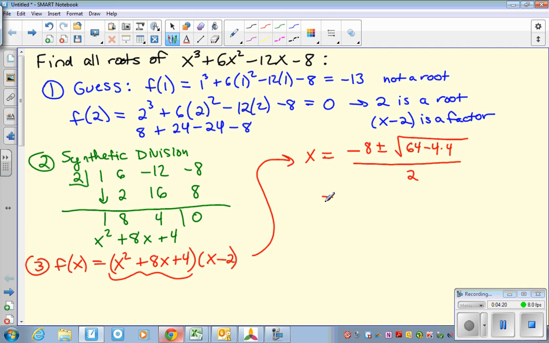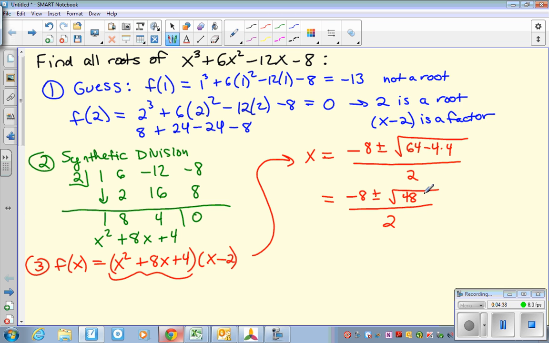So this is going to come out to be negative 8 plus or minus the square root of 64 minus 16. And 64 minus 16 is, sorry, 48. And so we get square root of 48 over 2.